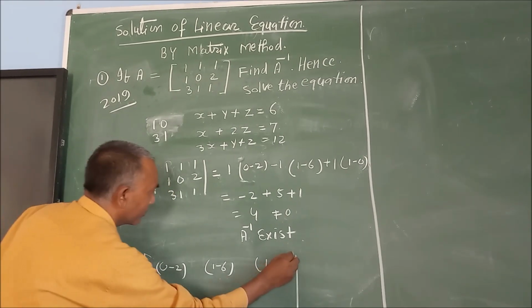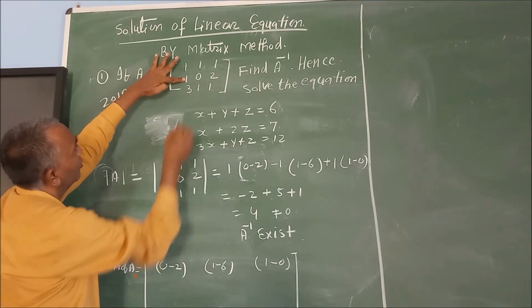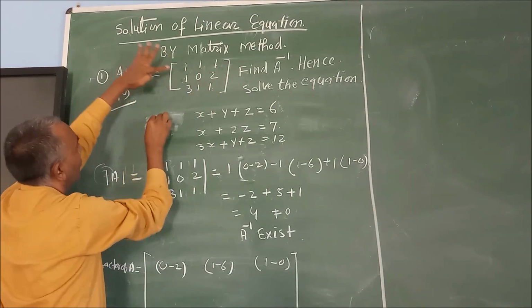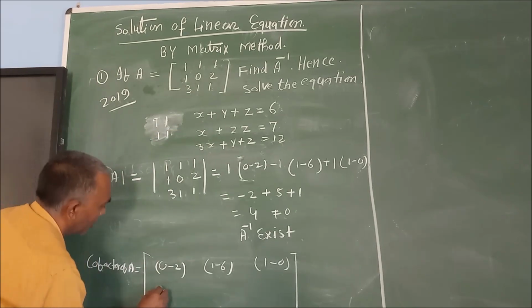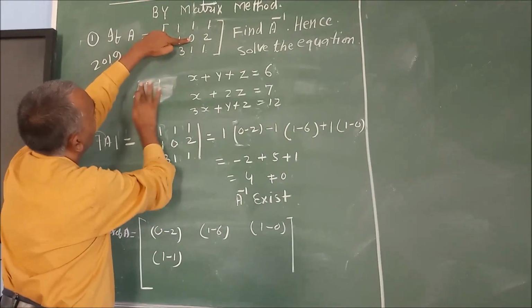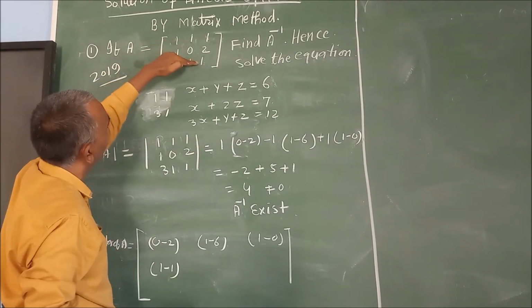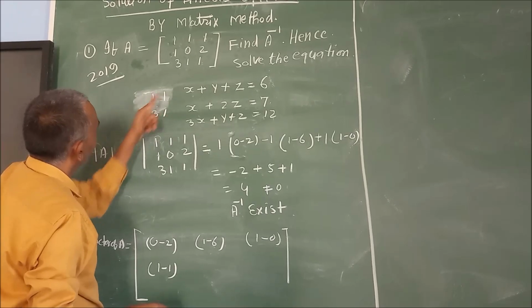After that, the cofactor of this one. The cofactor of this term 1 is 1, 1, 1, 1. So this will be 1 minus 1. And the cofactor of this 0 will be 1, 1, 3, 1. So we can write 1 minus 3.